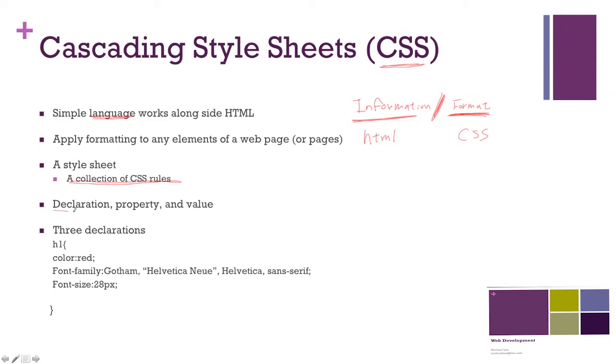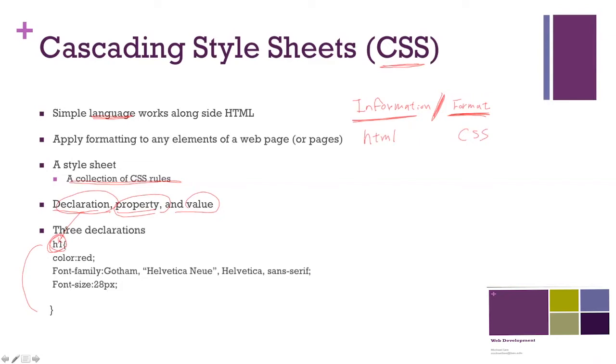It has a declaration, property, and value. So there are three components in it. Let's look at those three components in an actual example. This is an actual example of CSS. This is the declaration, which is like the target. In this specific CSS rule, what is it for?